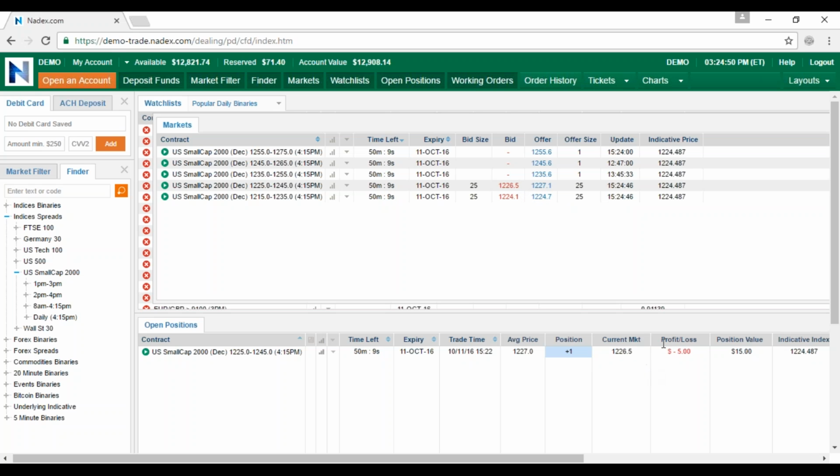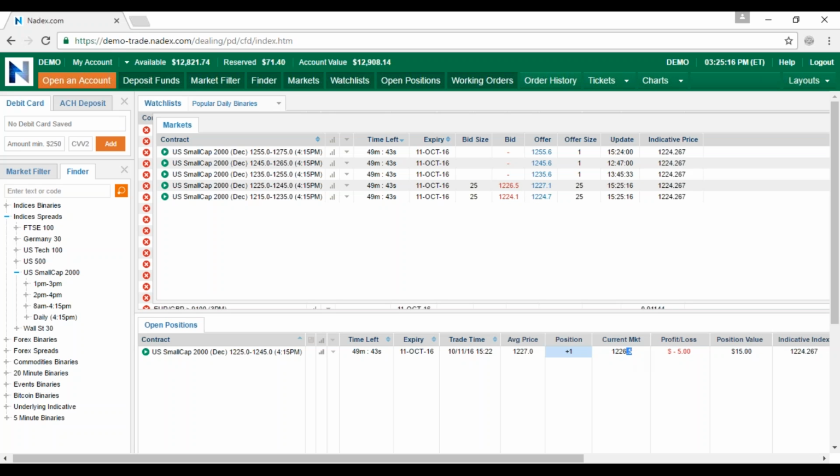So take a look here. Right now, and again, I was just entering a spread here to show you, where's my profit and loss? I'm down $6 right now, right? Why am I down $6? Because I bought at 12.27. What can I sell it for right now? 1226.6. Notice right here where it says current market?